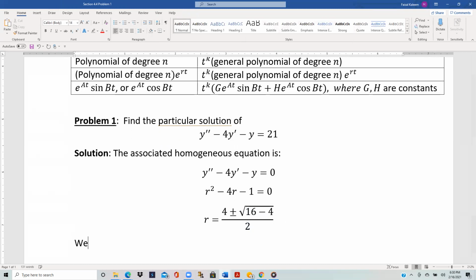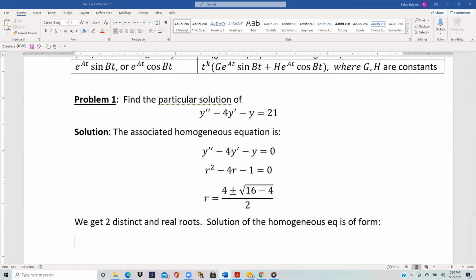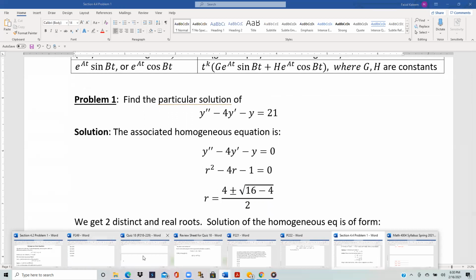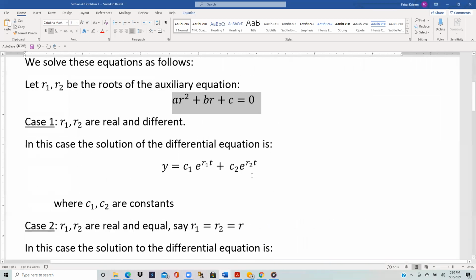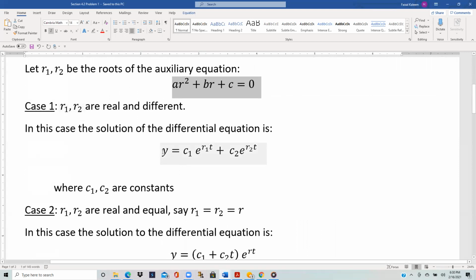So we get two distinct and real roots. So that is case 1. So the general solution of the homogeneous equation is of the form, in this case, we know we'll have y is equal to C1 e^(r1 t). So this is case 1, r1 and r2 are distinct.